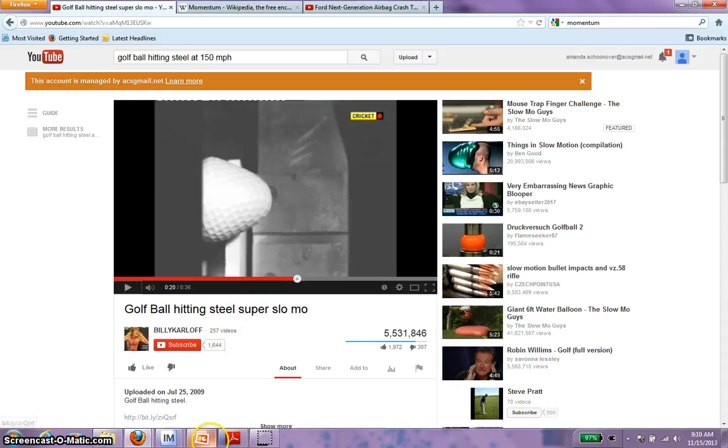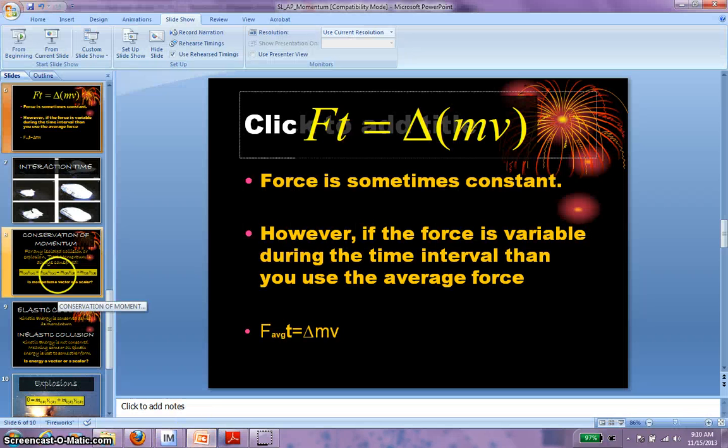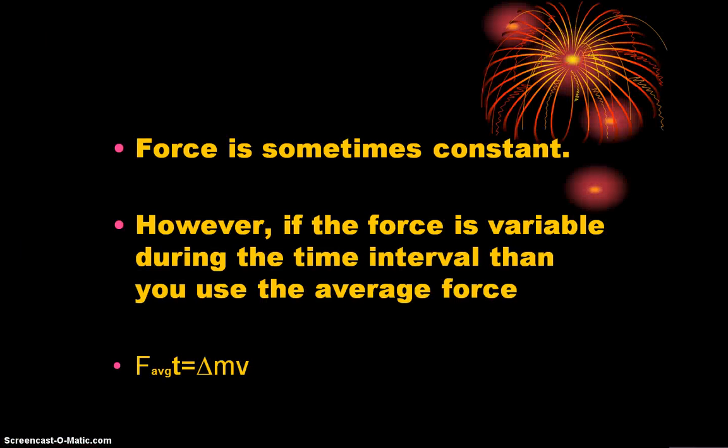Okay, so let's go back and talk about one more thing in this video. Sometimes the force that is applied during impulse is constant. So the same force is being applied during the duration of the force in order to change the momentum. But sometimes the force is either increasing or decreasing.